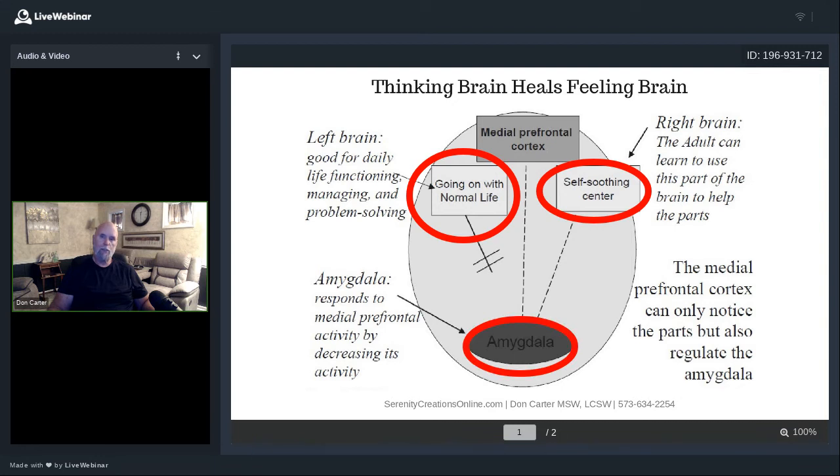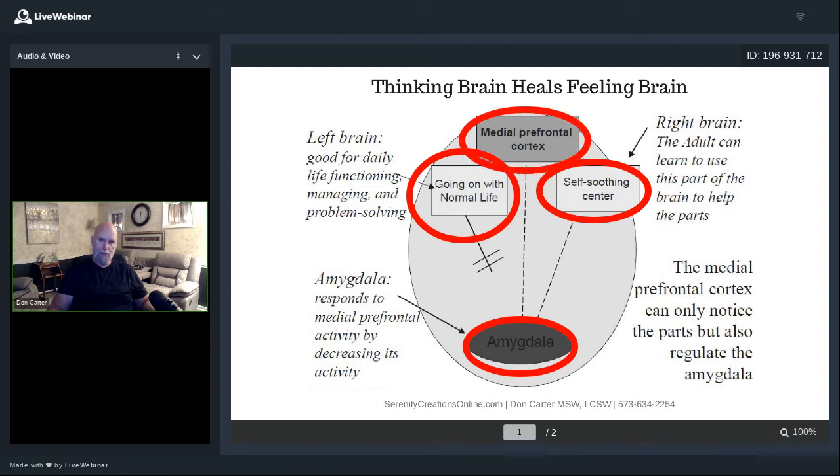Now, a lot has been said about mindfulness these days. Mindfulness has shown on brain imaging scans and so forth to be something that is very healing and very, very comforting to the amygdala. And that's because this is the part that we do mindfulness from, this medial prefrontal cortex.